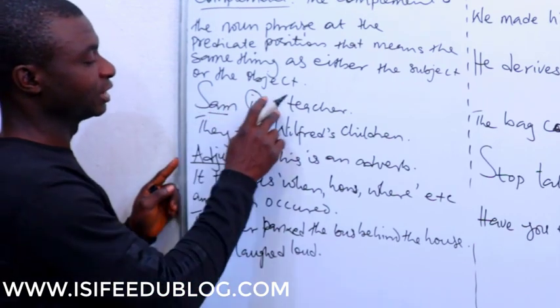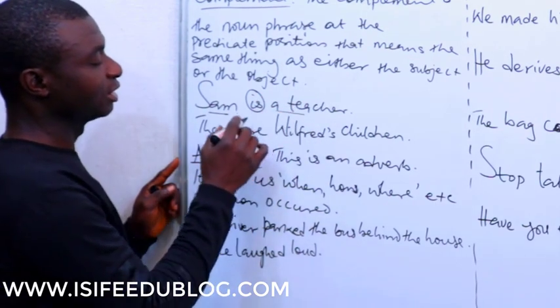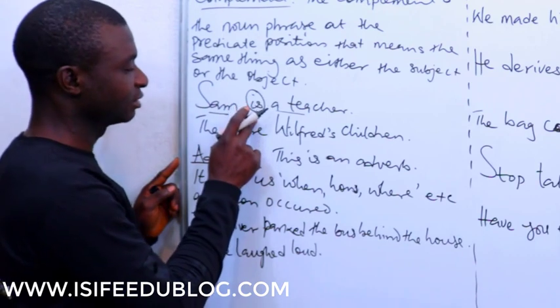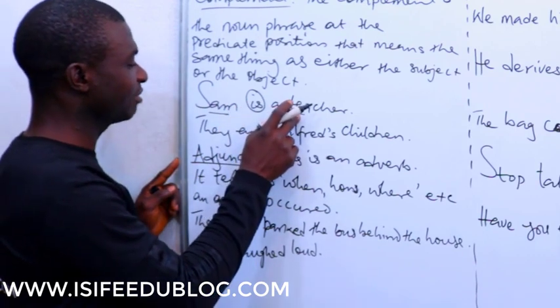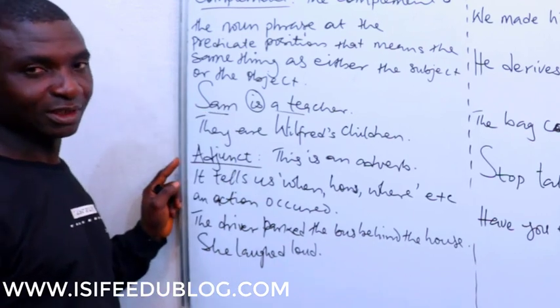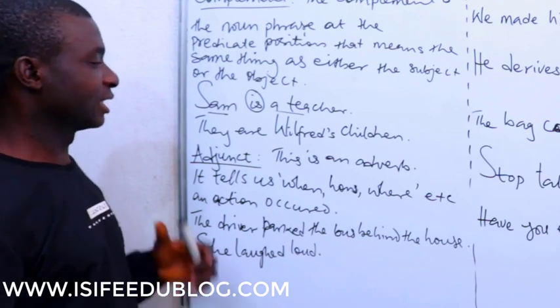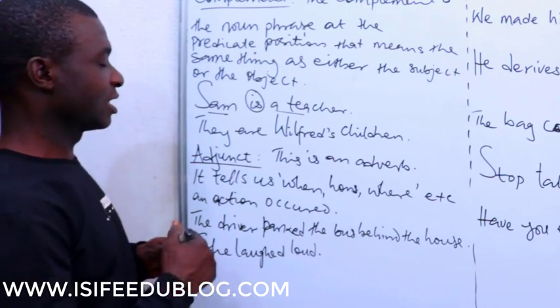Sam is a teacher. A teacher, linked with is here, is the same person as Sam. That is what we mean by complement. Sam and teacher are one and the same.